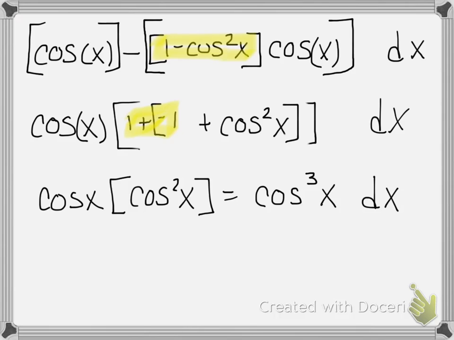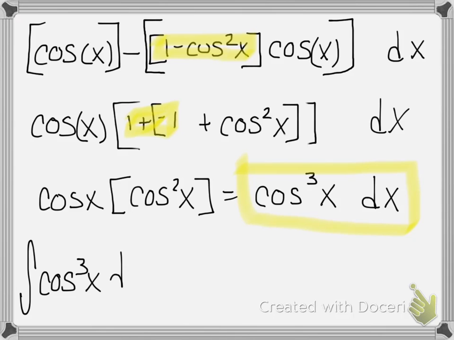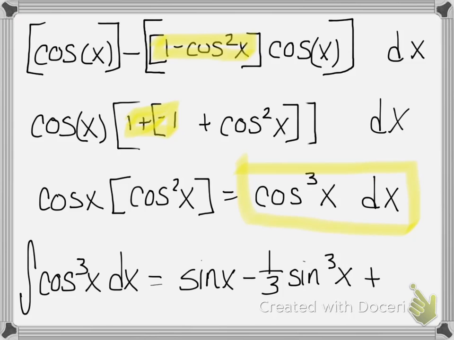And if you remember, that was what our original equation was asking us to do, to prove that the integral of cosine cubed of x dx was equal to sine of x minus 1/3 sine cubed x plus a constant.